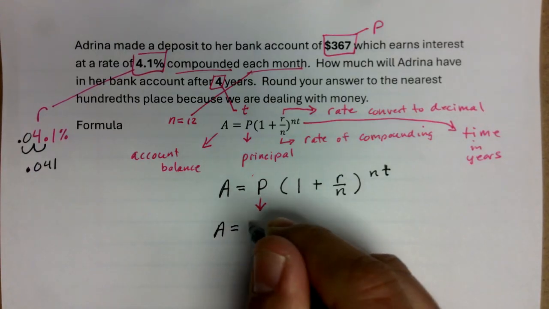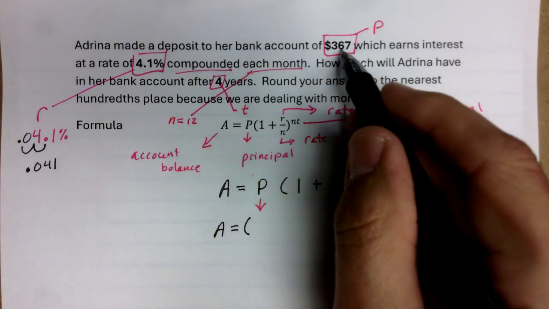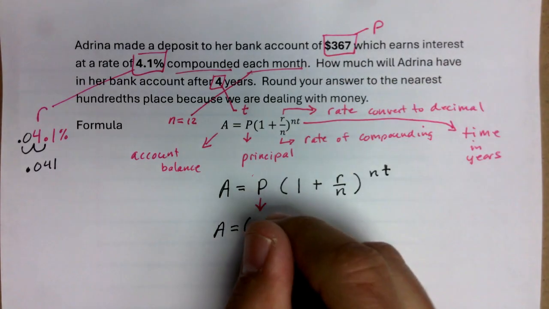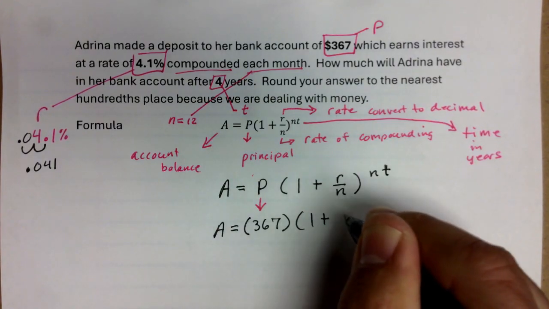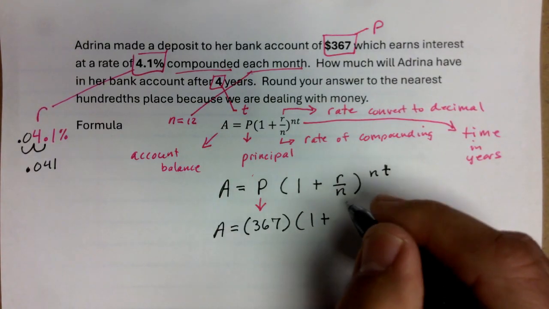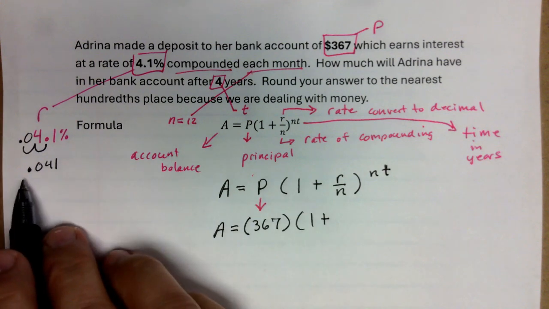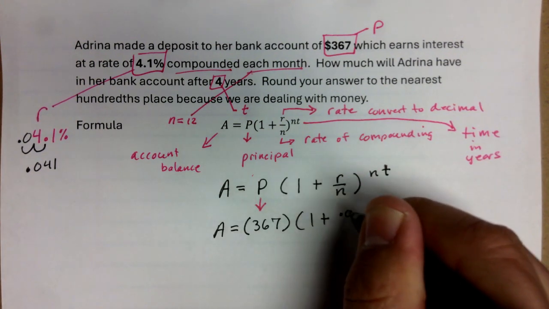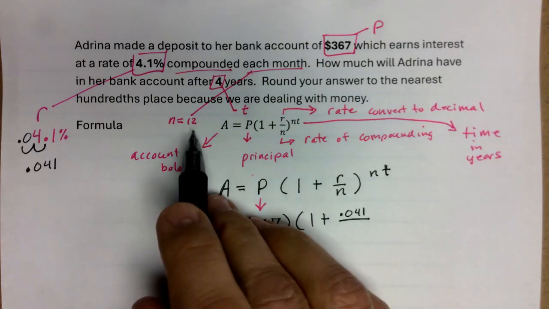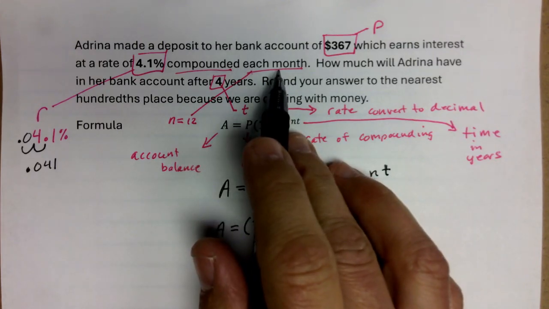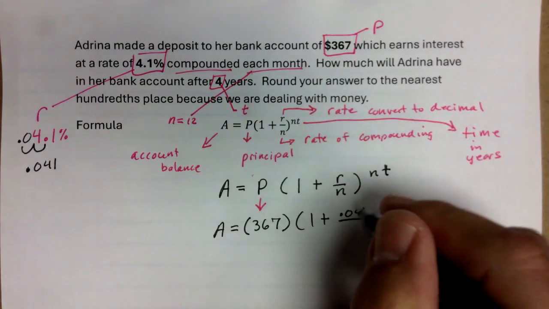So A is going to be equal to parenthesis for my P value. My principal is 367 times 1 plus my R value. Now my R value is going to be 0.041, so 0.041 over my N value, which is 12, because there's 12 months in a year and it compounds each month.